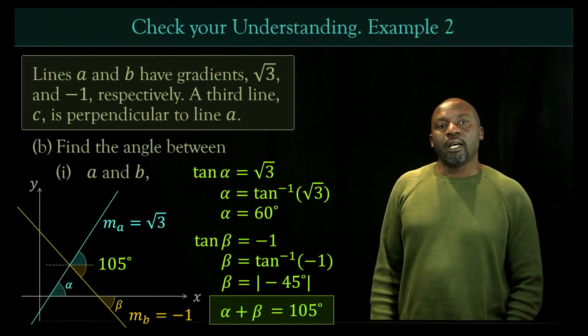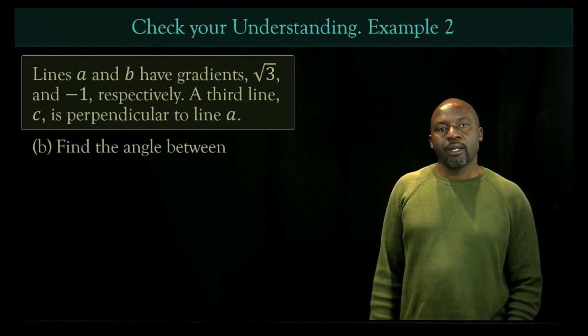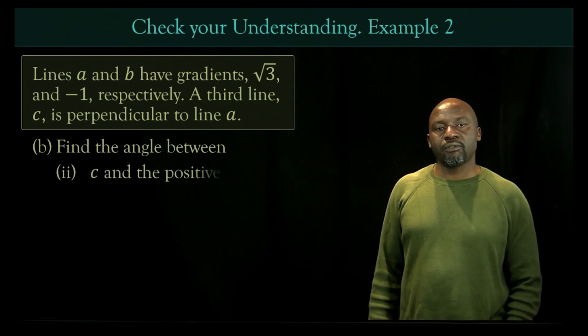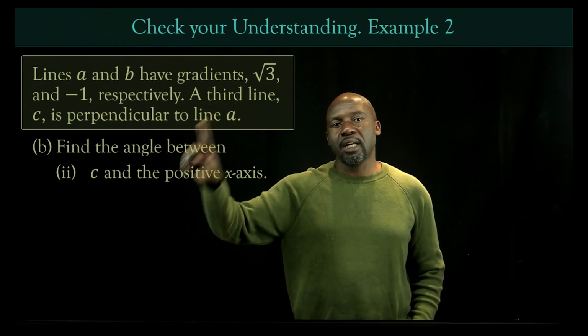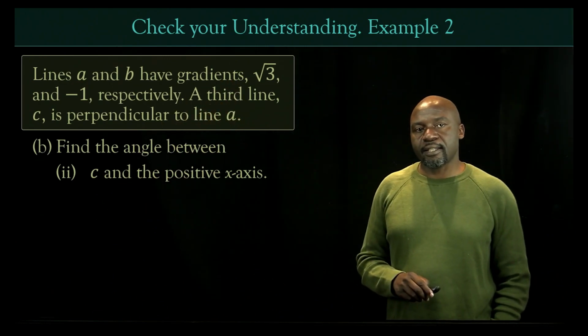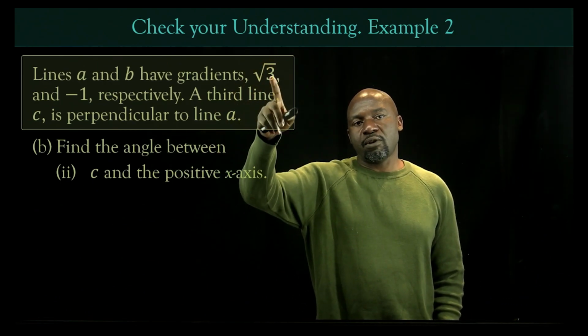Okay. Let's go to part 2 of B. Okay, so the second part asks us to find the angle between line C, whose gradient we found, and the positive x-axis. We found the gradient of line C to be -1 over √3.